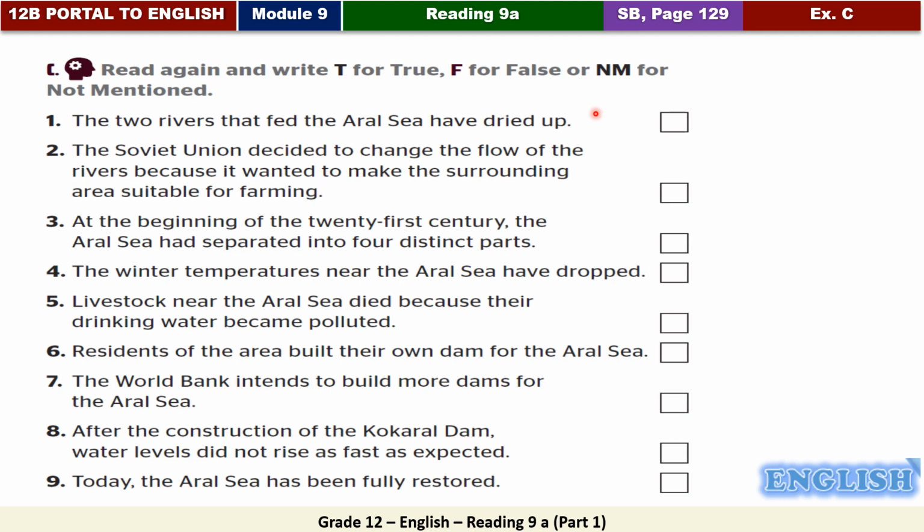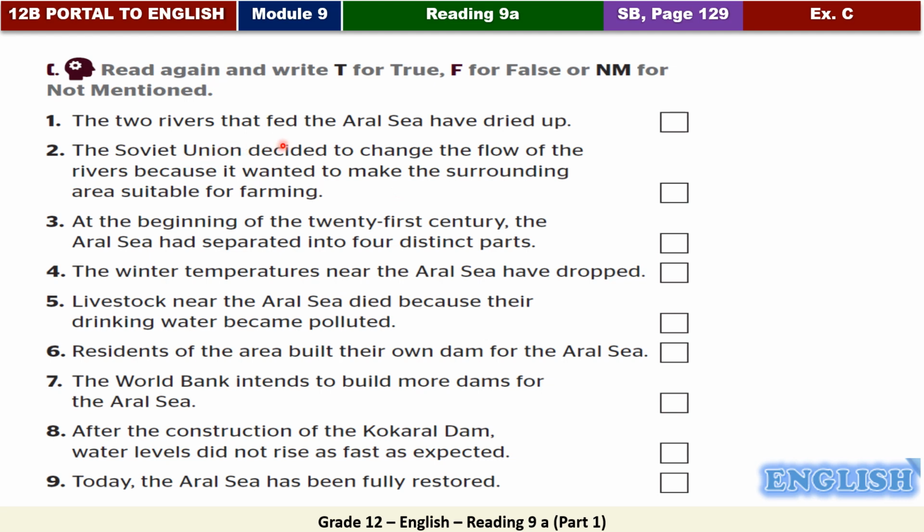Okay, think for some time, read the text, concentrate, start with reading these sentences, and then go back to the text to say whether they are true or false or not mentioned. Okay, ready? Great, let's start with the first one.